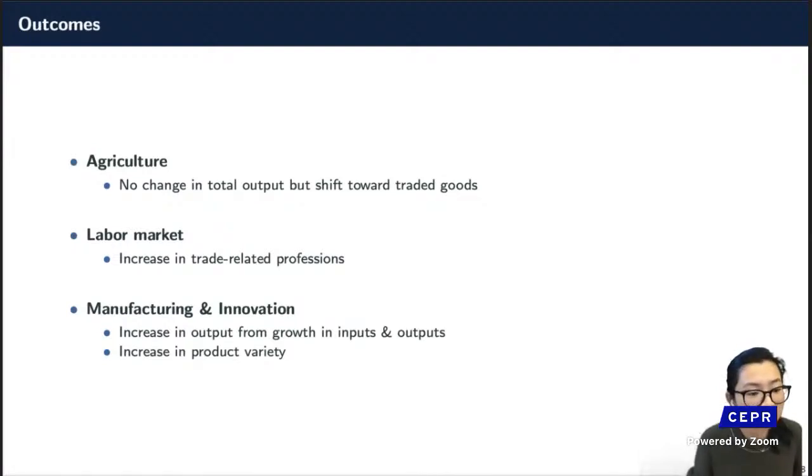Whereas what we see in manufacturing and in innovation is consistent with the broader improvement in banking that happened on both the asset and the liability side.